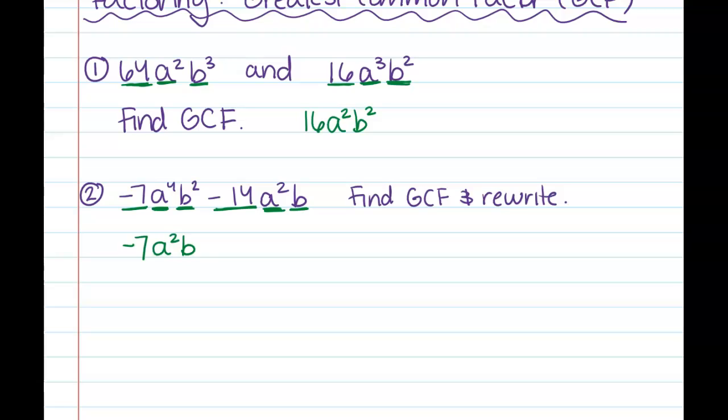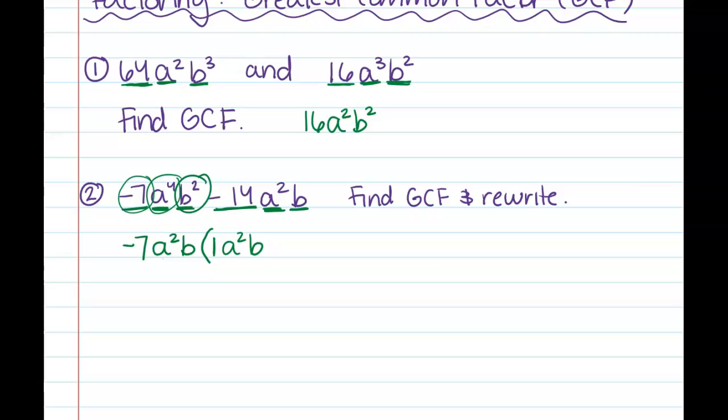And so here's why that matters. When we go to rewrite in factored form, we're really looking for negative 7 times what equals negative 7. That's just 1. And a squared times what equals a to the 4th? It's a squared. And b times what equals b squared? It's b.